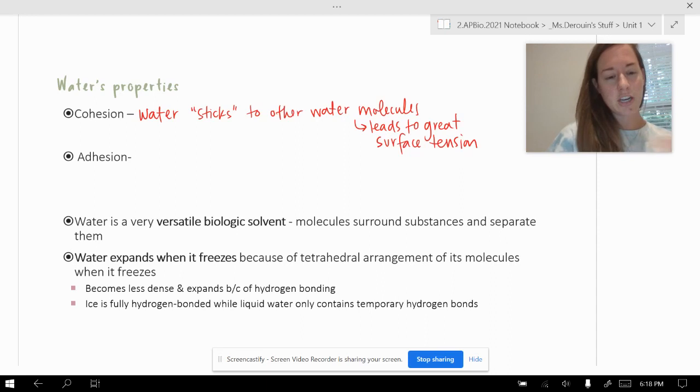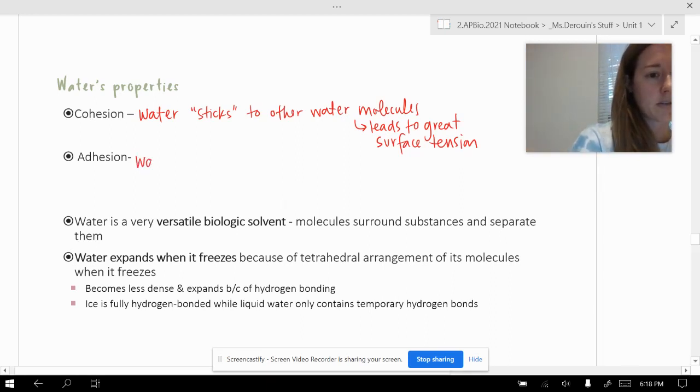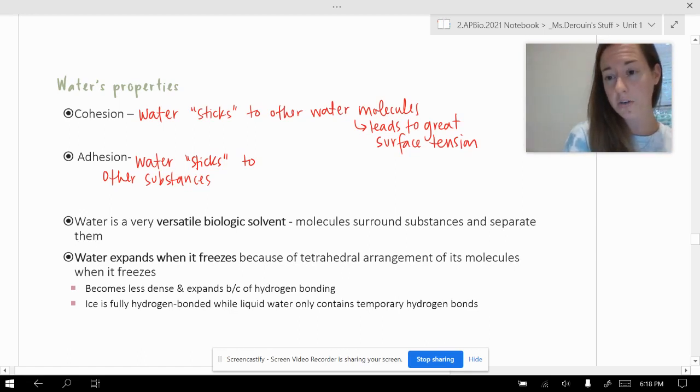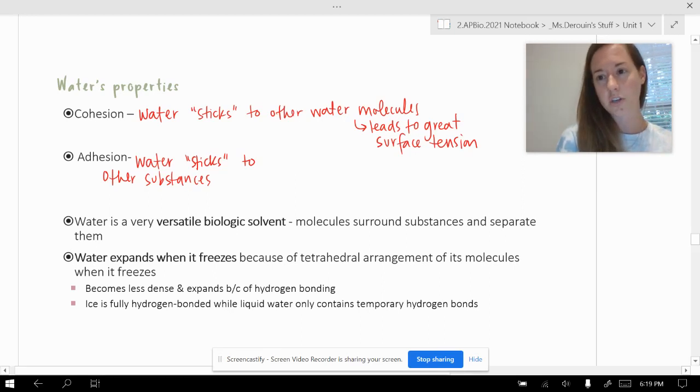And then adhesion is water sticking to other substances. And these substances have to, of course, be attractive to water. So they have to be polar or charged.